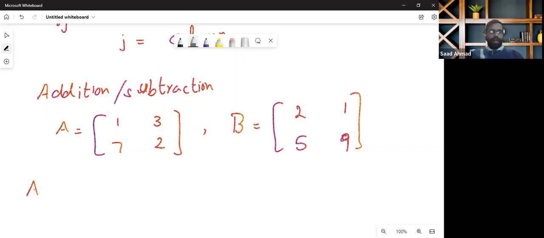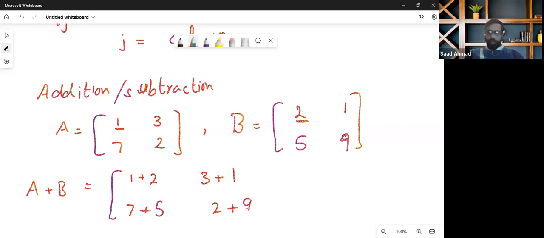So first of all, we can add them, A plus B, right? So A plus B, how we add them? We add the corresponding entries. So this number will add up with the corresponding entry in this one. So 1 plus 2, 3 plus 1, and 7 plus 5, and then 2 plus 9.